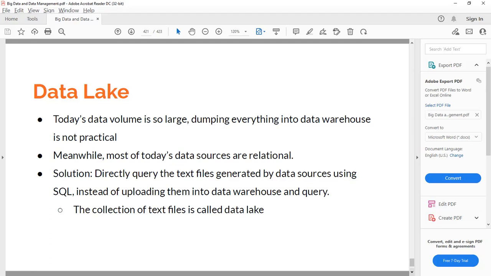Instead of uploading all the files into a data warehouse, we just query directly against the text files. And the collection of these text files, we call a data lake. The data lake will contain all the files from the source. These are raw data without formatting, without extracting, without cleansing, but they are relational and you can run SQL against them.